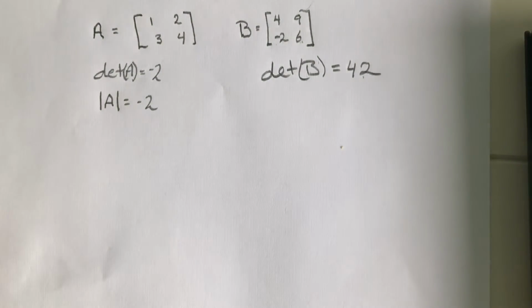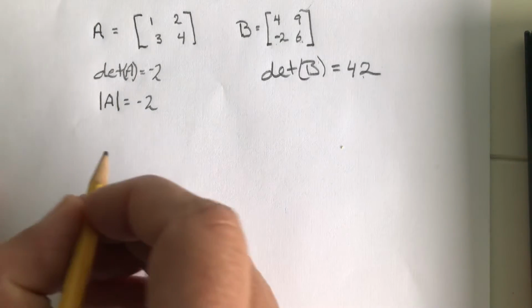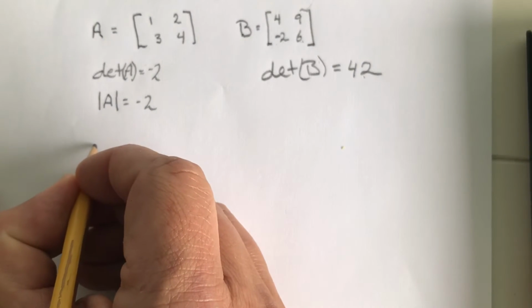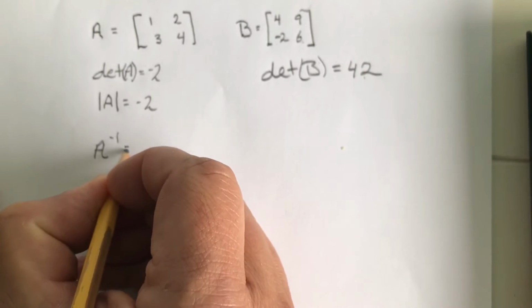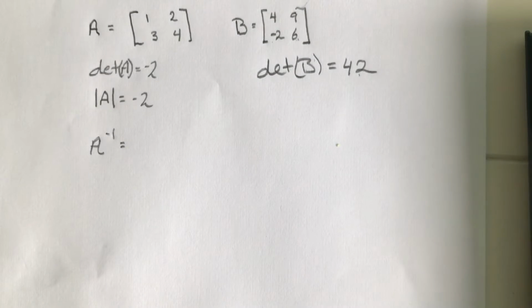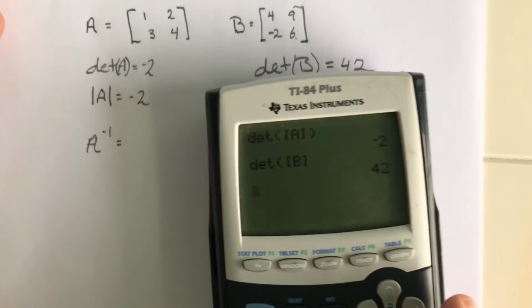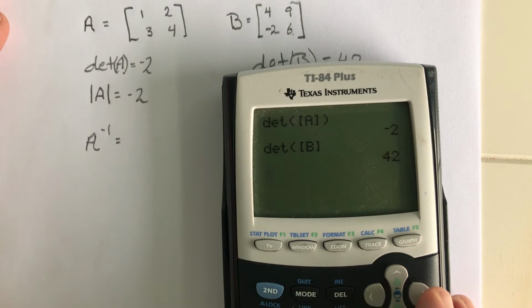Now, today you also learned about inverses. A inverse is pretty intense. The way he teaches it, he does 1 over the determinant multiplied by some version of the original matrix. And there is a way to find that on your calculator.